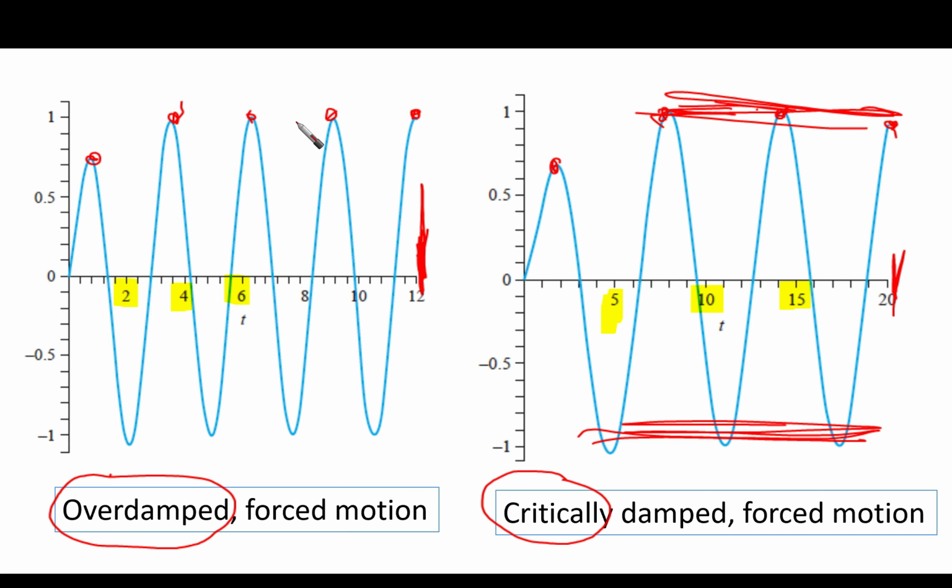But anyway, they are both going to reach the steady state. So the number of cycles here within 20 is only 4 cycles. Here, if we have 20, this may be like 10 cycles.